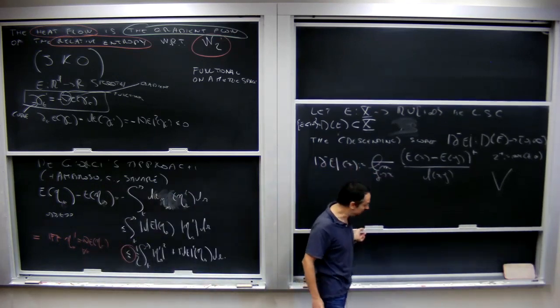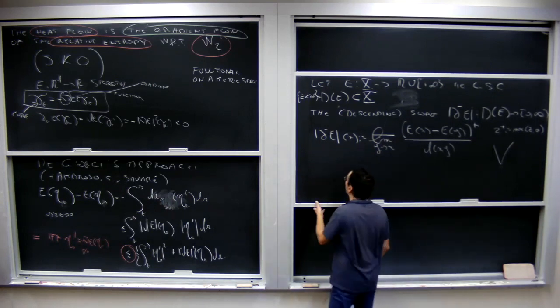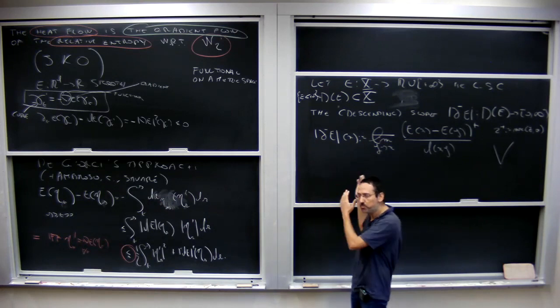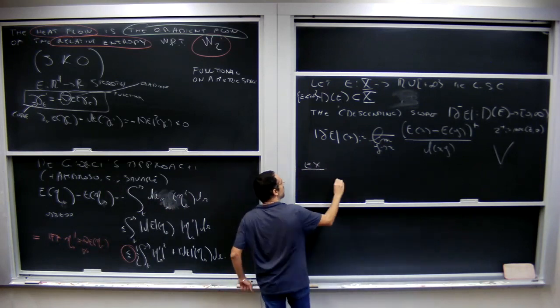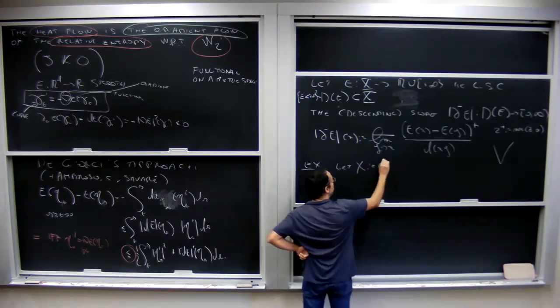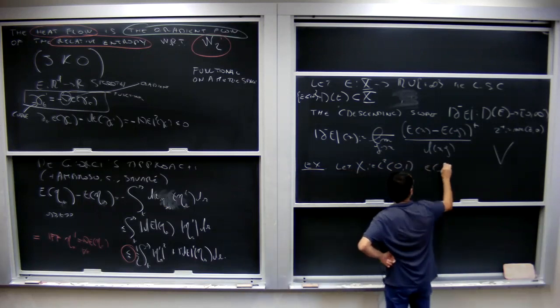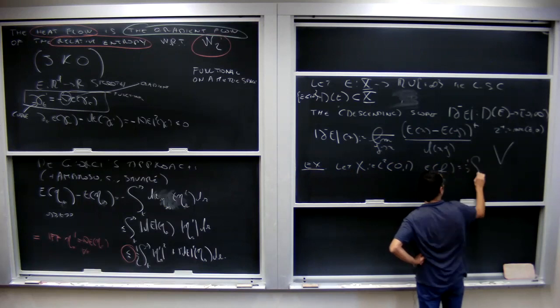And for practical reasons, I leave you this exercise. Basically, in any case of interest, if you put the absolute value, you obtain something that is trivially plus infinity. So, exercise. Let X be, say, L2 of (0,1), if you wish, and E of f the Dirichlet energy.